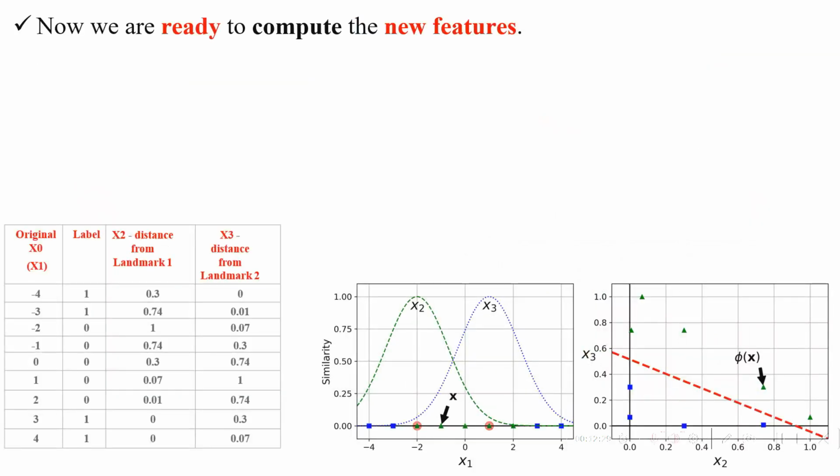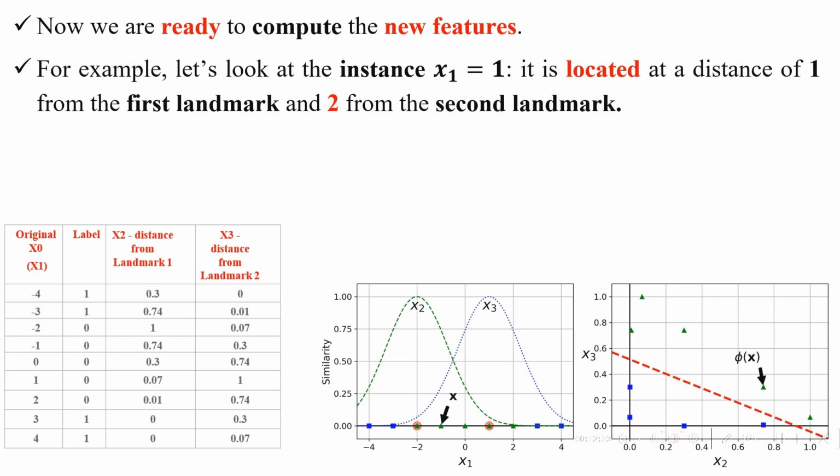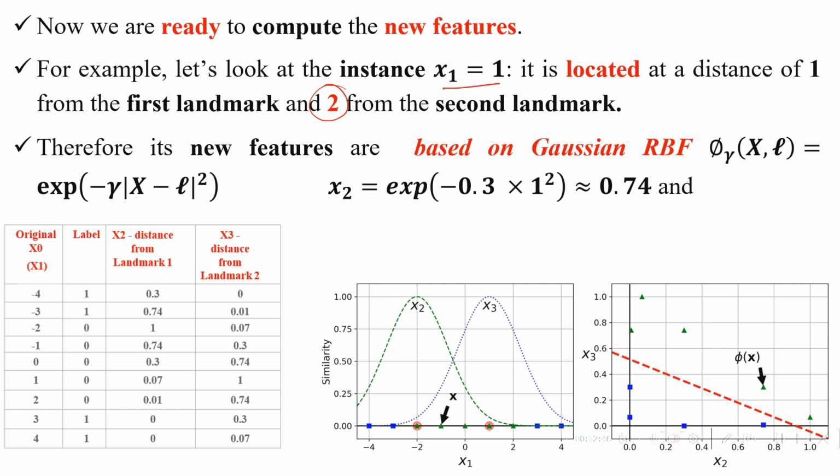Okay, now we see this one. Now we are ready to compute the new features. Here we see x1 equal to 1. This is located at a distance of 1 from the second landmark. Therefore, the new features are based on the Gaussian RBF function phi gamma of x comma l equal to exponential of minus gamma into (x minus l) whole square.